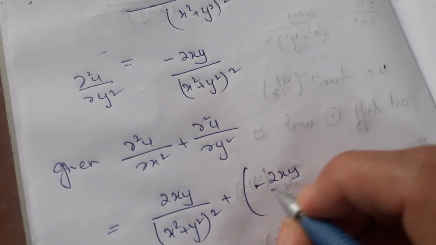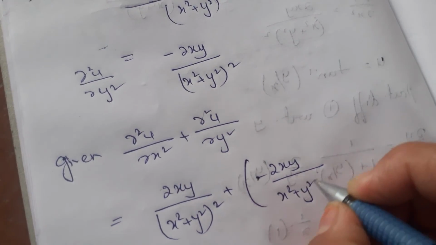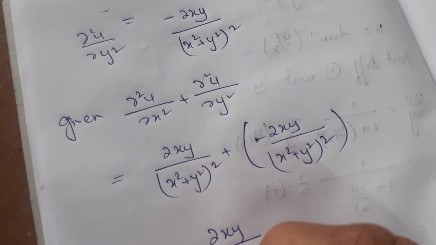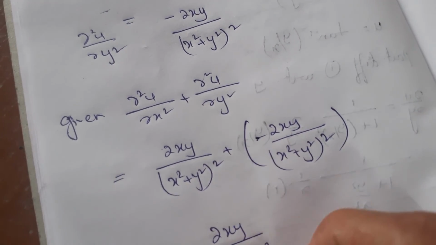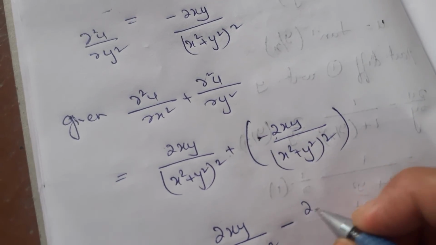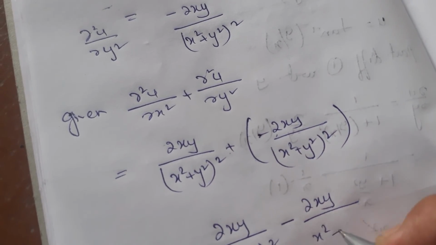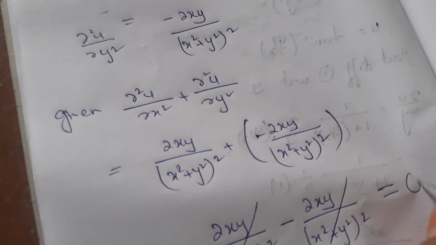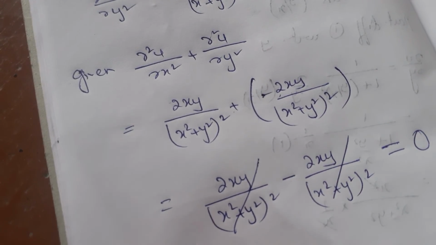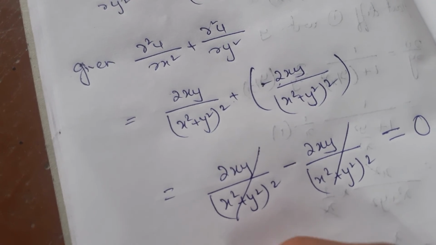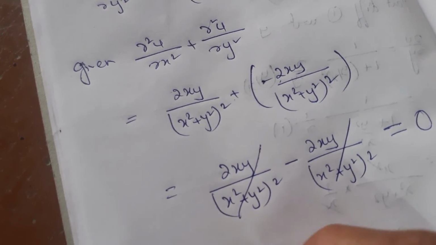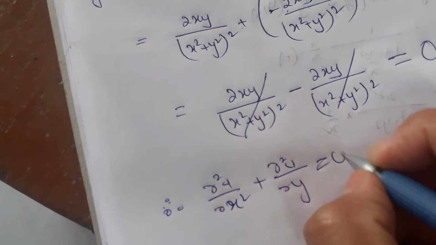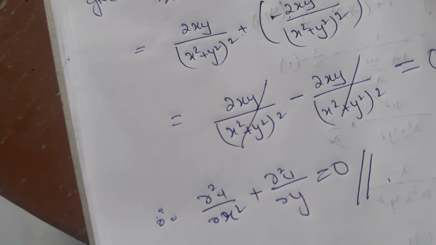Minus 2xy by (x square plus y square) whole square. So what will we get? 2xy by (x square plus y square) whole square plus minus 2xy by (x square plus y square) whole square. These 2 terms get cancelled and our answer is 0. Therefore we get dou square u by dou x square plus dou square u by dou y square is equal to 0. That is our answer.